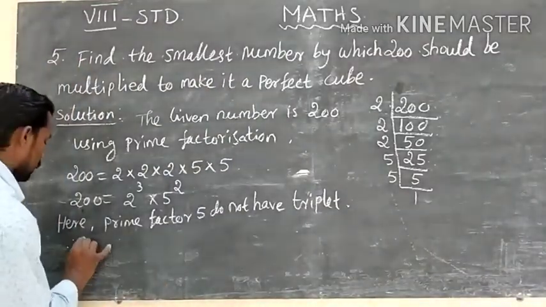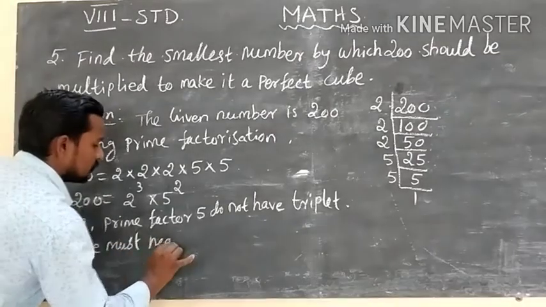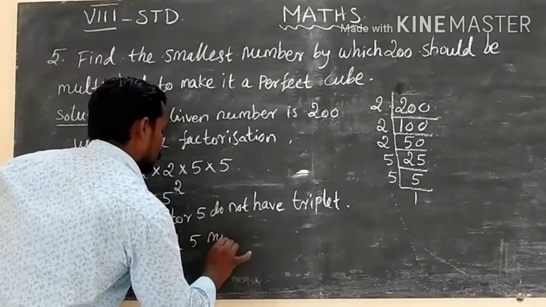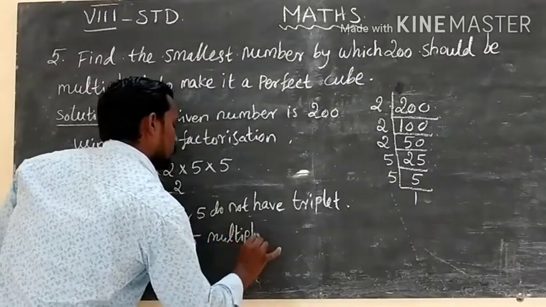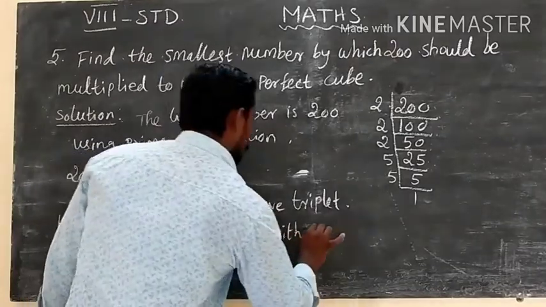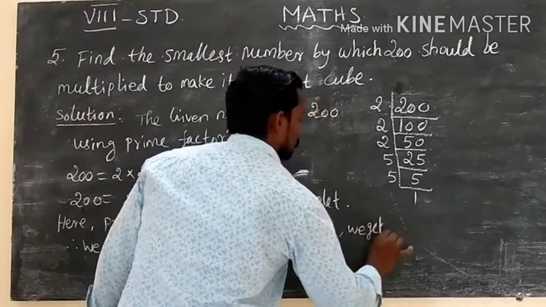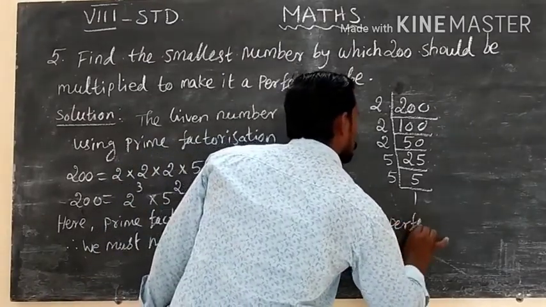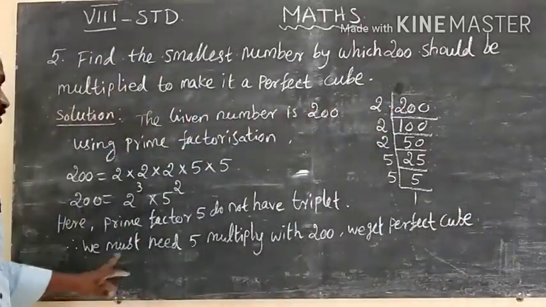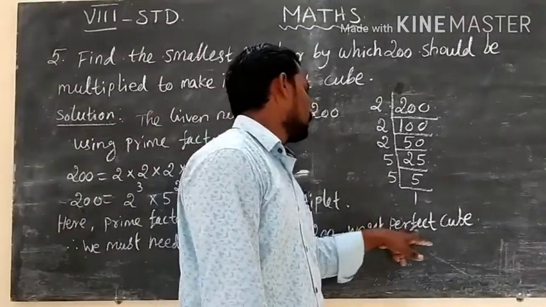Therefore, we must multiply 200 by 5, and we get a perfect cube.